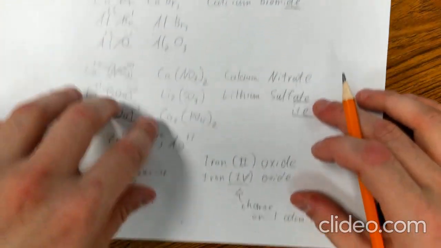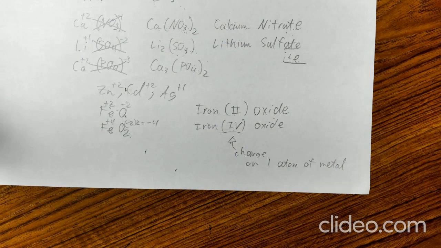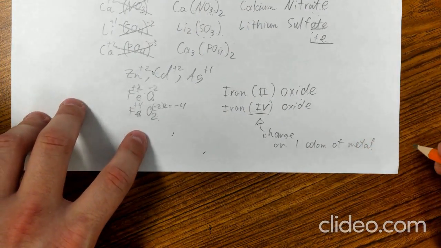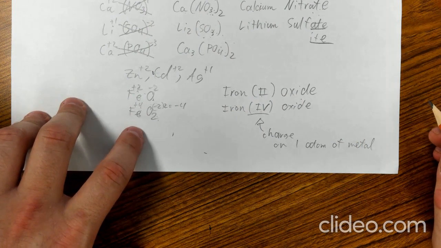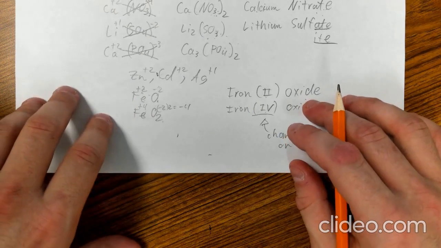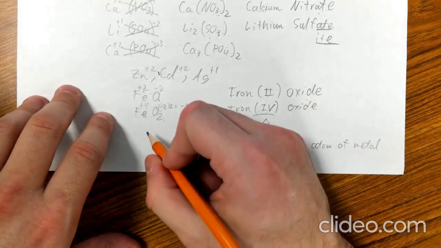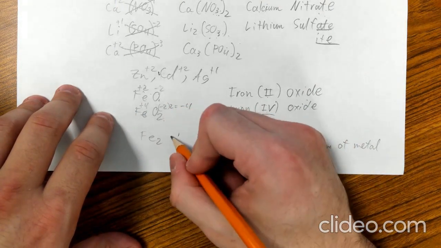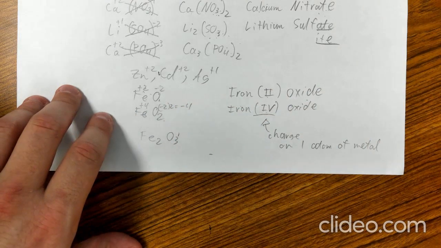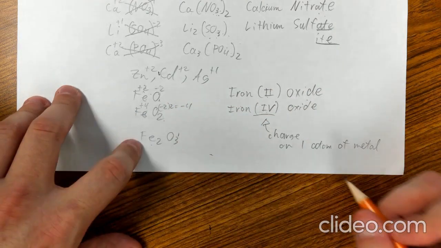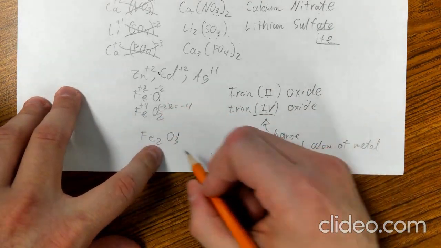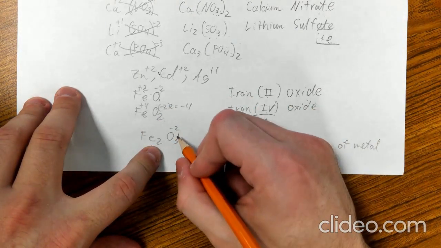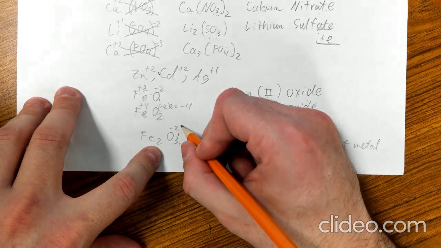The only other thing you got to be careful of is when we do have transition metals that have more than one. So for example, I could have, let's see, something like Fe2O3. So now I have more than one iron atom, right? So again, I know I have negative 2 on my oxygen. I'm multiplying it by this 3.